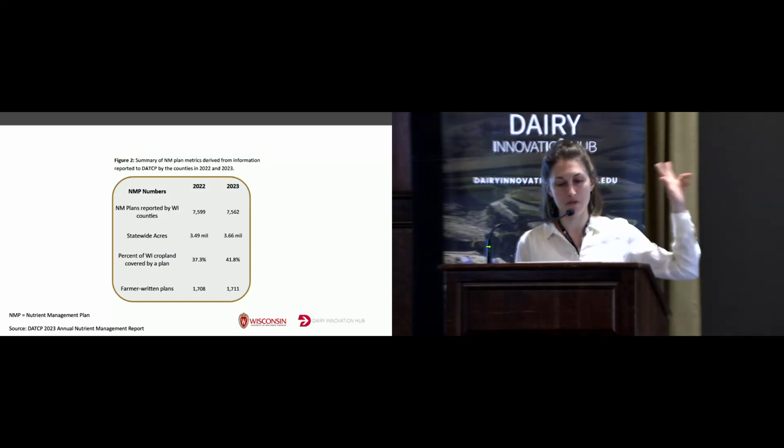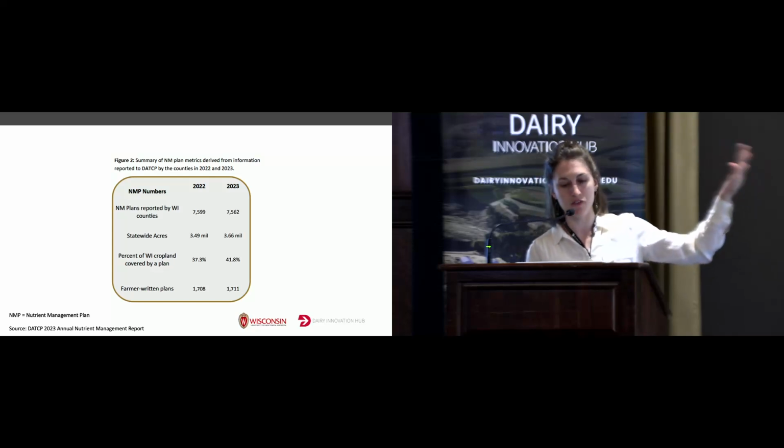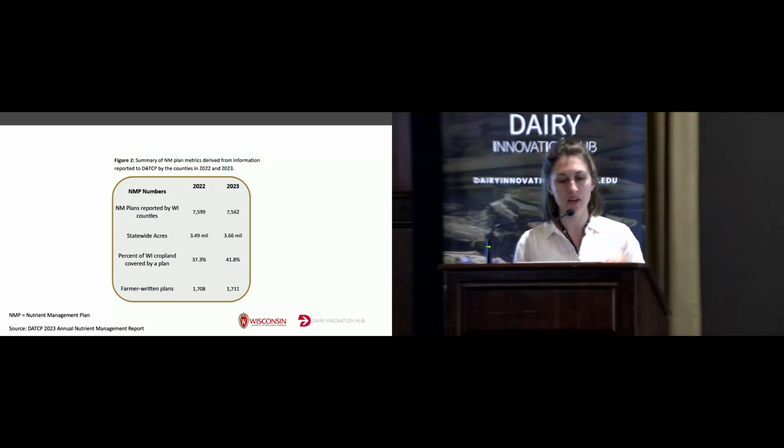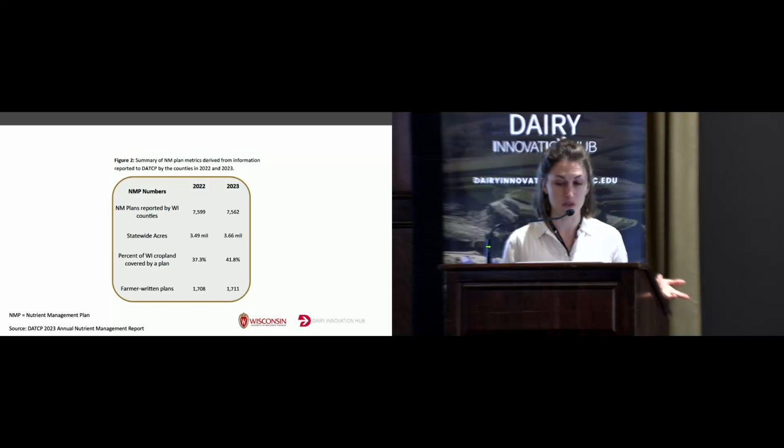And if we look at that first row of nutrient management plans reported, you can see we're talking about 7,500, 7,600 plans. And although SnapPlus is not used for every one of those, it's used for probably the majority of those nutrient management plans. So we know we have thousands of farms and plans in the state that are benefiting from having this software tool.